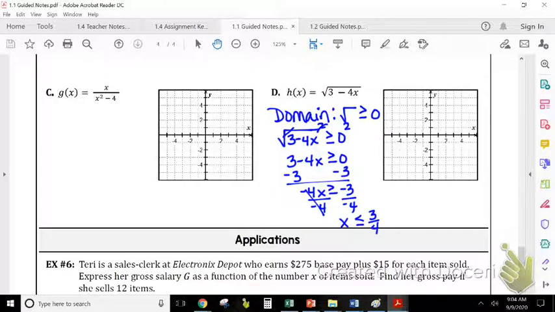And so you get x is less than or equal to 3/4. When you look at your domain, less than 3/4 means it's going to go all the way to negative infinity. And it's going to go up to the 3/4. And is it equal to the 3/4? Yes, it is, because it says less than or equal to. And so therefore, there is our domain.